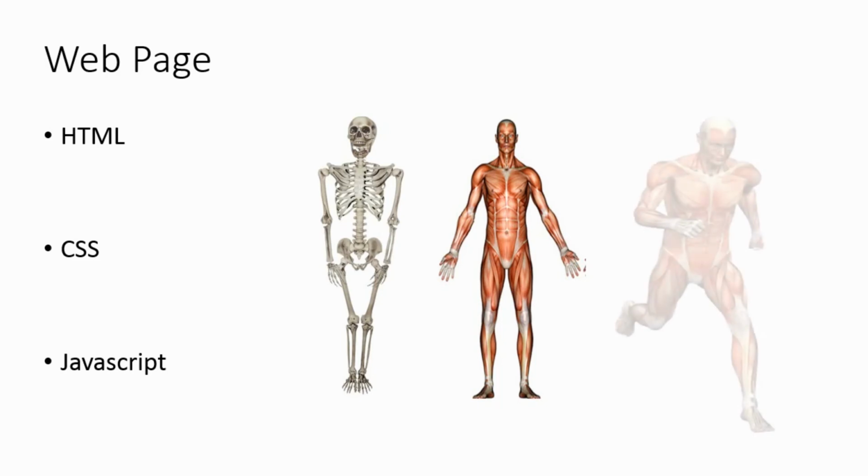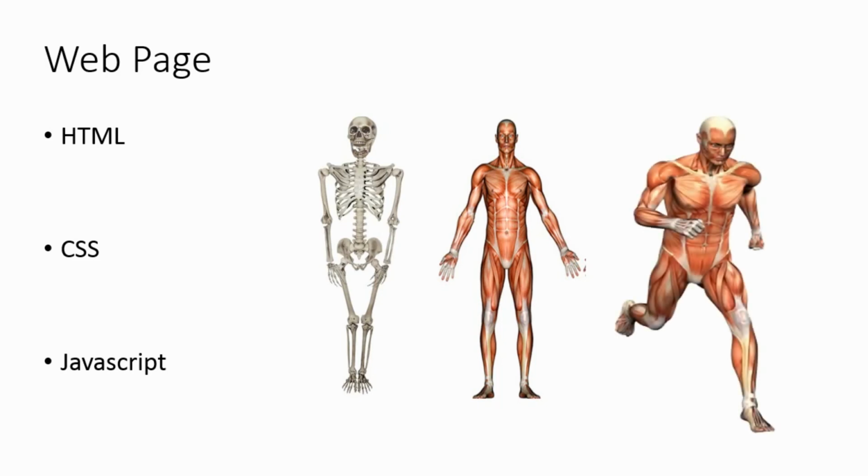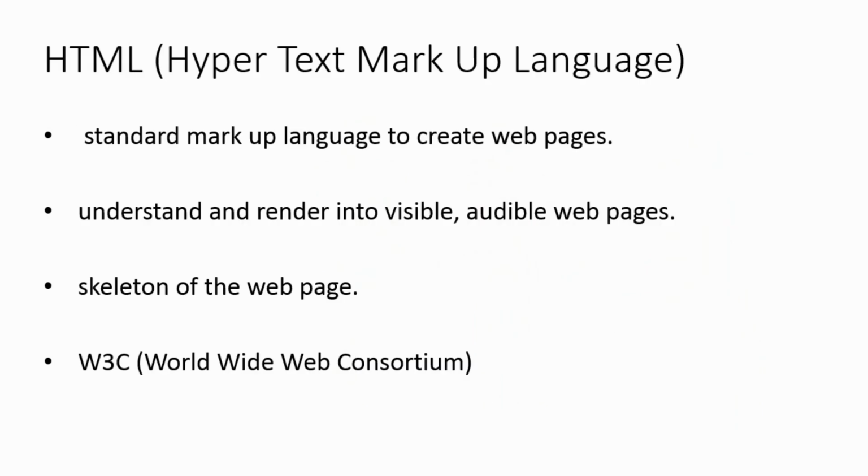Finally, there is JavaScript. It provides interaction on the website. If you hover the mouse here and there, or if you have to provide some event in the website itself, then it's through JavaScript. Now, allow me to go through HTML. What is HTML actually?